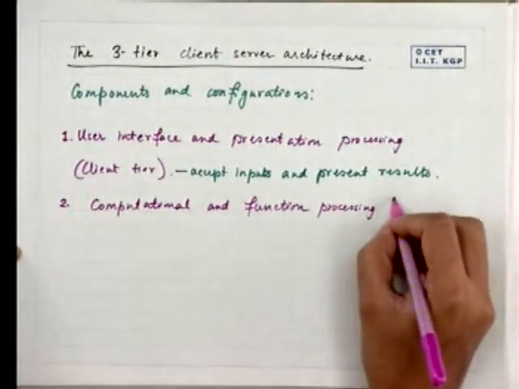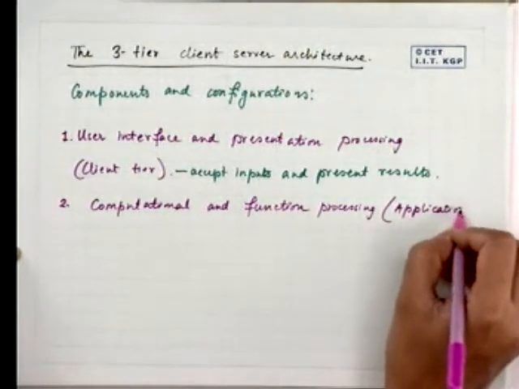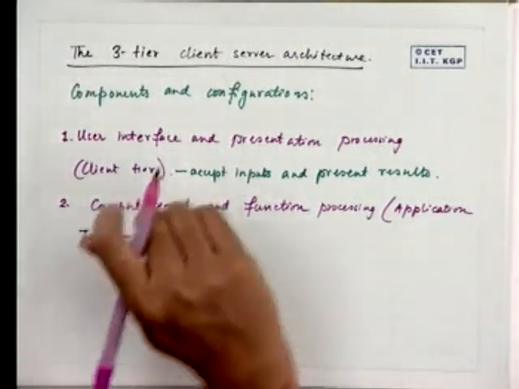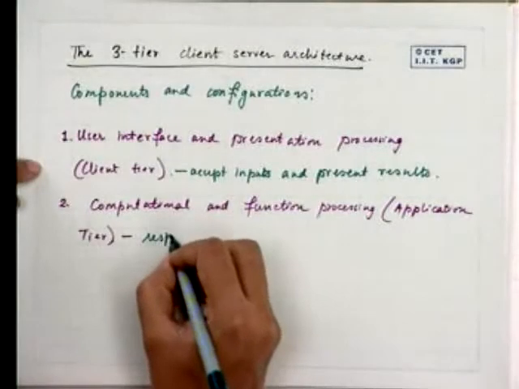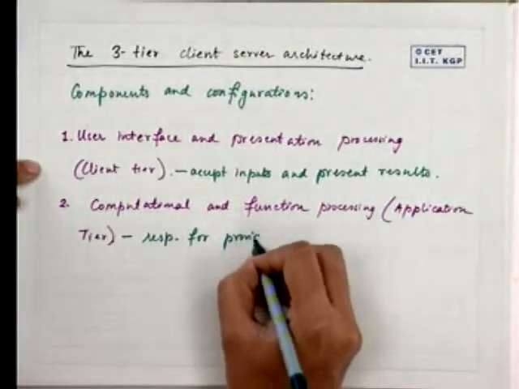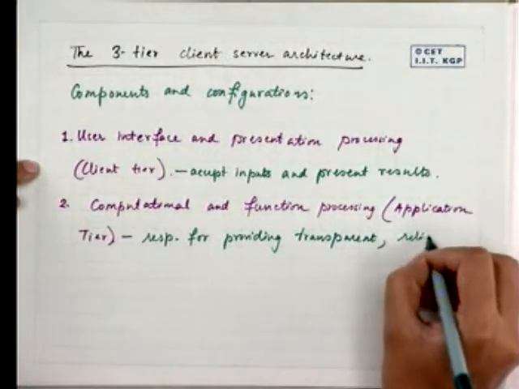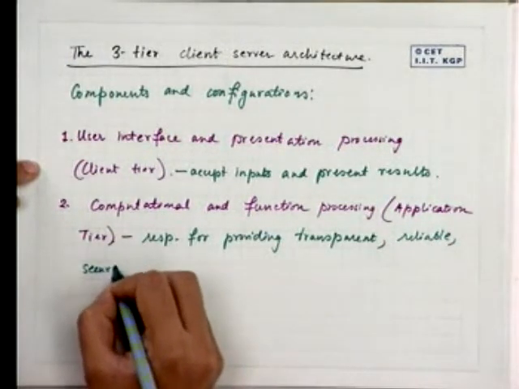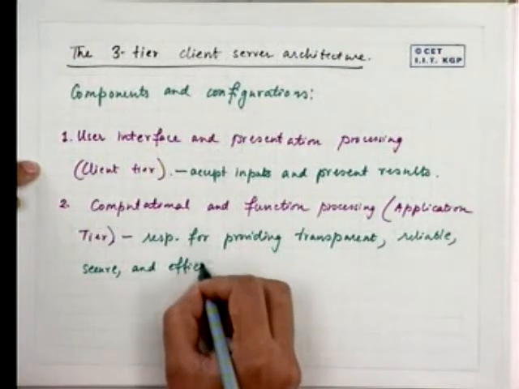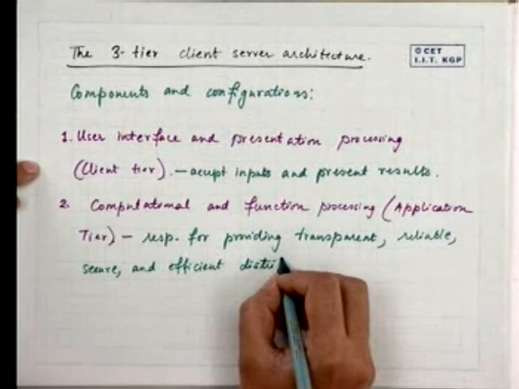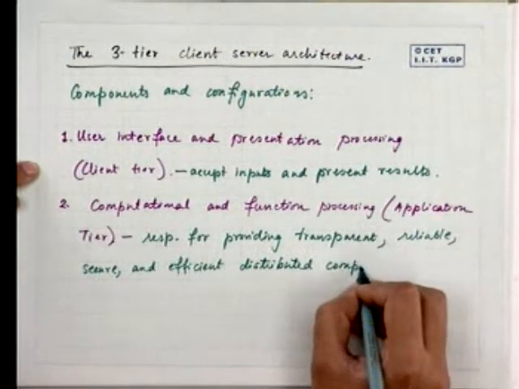This tier is responsible for providing transparent, reliable, secure, and efficient distributed computing, and also for performing some necessary processing to solve a particular application problem.